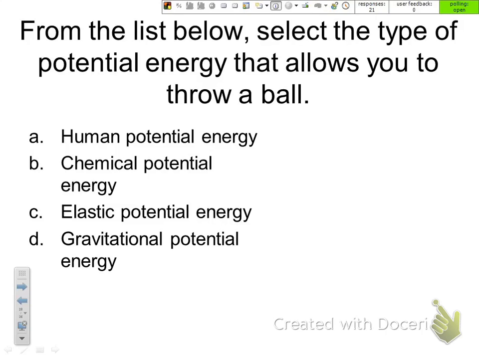Ooh, I'm hearing some conversation that might be good. Think about what allows you, ultimately, what allows you to throw a ball. Discuss it with your neighbor if you haven't. Tell them what you think it is. You have the opportunity to change your answer if you need to. Let me hear reasoning. Don't just tell them what you think the answer is. Explain why you think it's the answer.